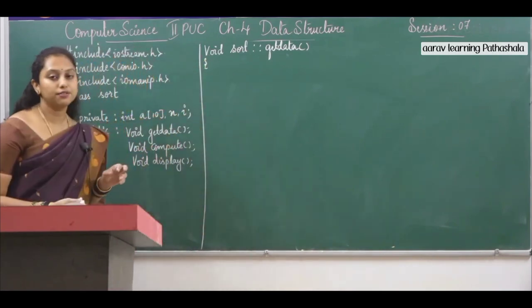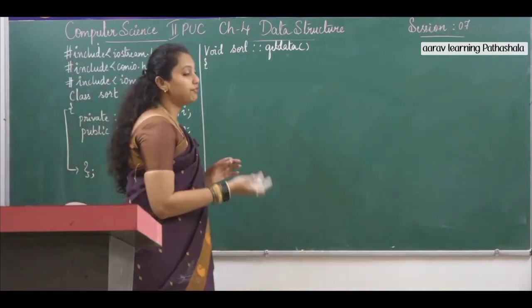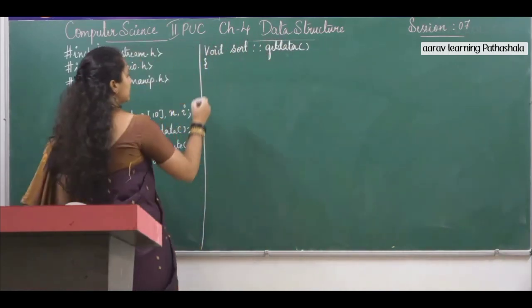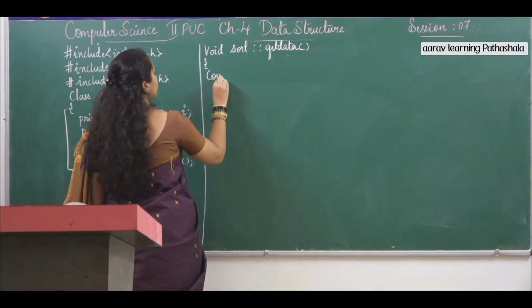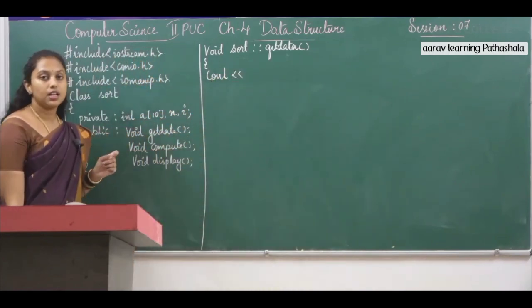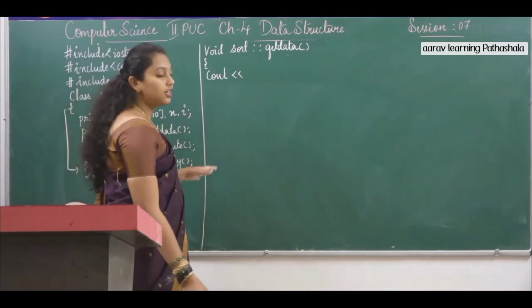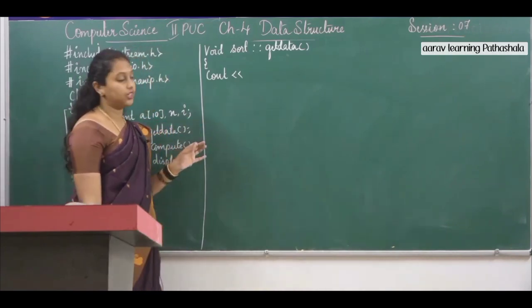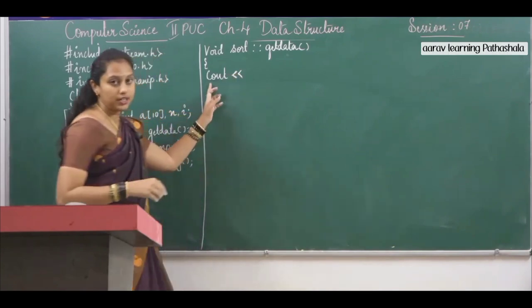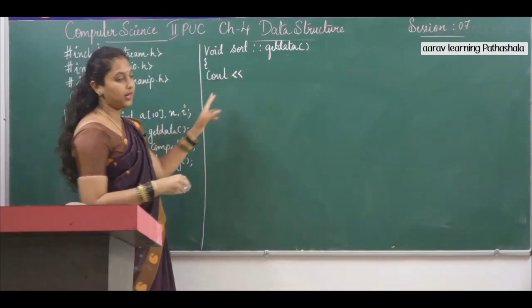What are the required informations we have to get from the user? The information needed to be displayed on the screen is inserted using the insertion operator, that is, using the cout statement followed by this insertion operator.